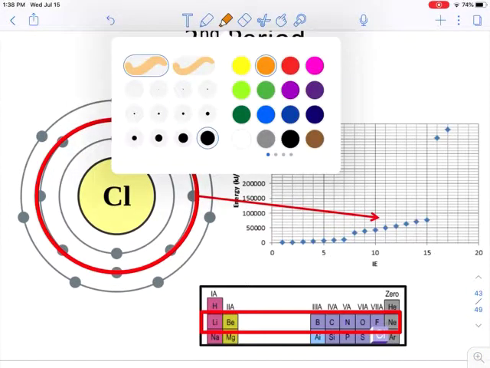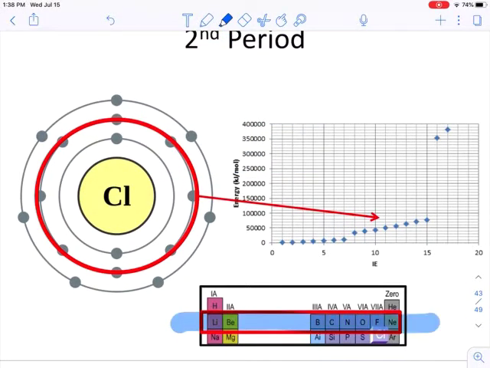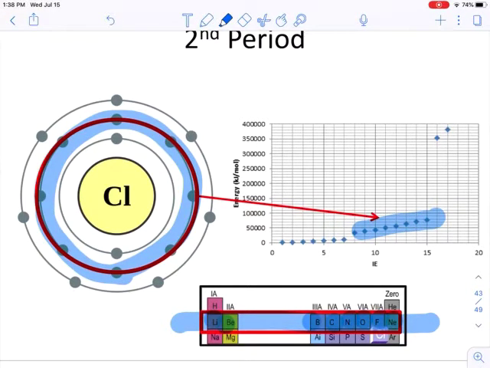Not a surprise then that on the periodic table we've got 8 elements in that shell: 1, 2, 3, 4, 5, 6, 7, 8. You can fit 8 electrons in the shell around it, and there they are. And then that shell is now full.